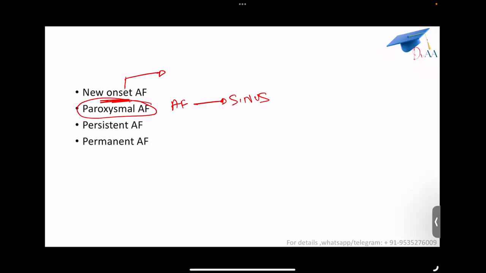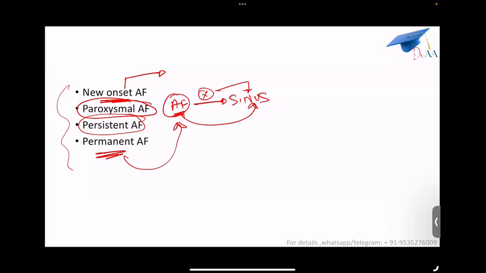Persistent AF: he has AF, when you intervene it gets back to sinus rhythm, if you don't intervene it persists in AF. Permanent AF: no matter what intervention you do, this patient will continue to be in atrial fibrillation. So these are the definitions for new onset, paroxysmal, persistent, and permanent AF.